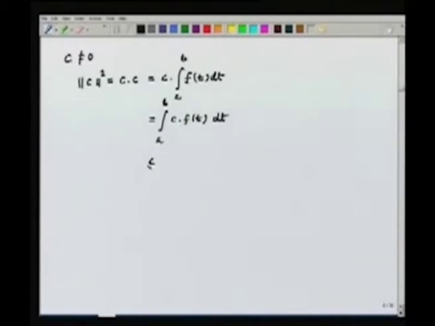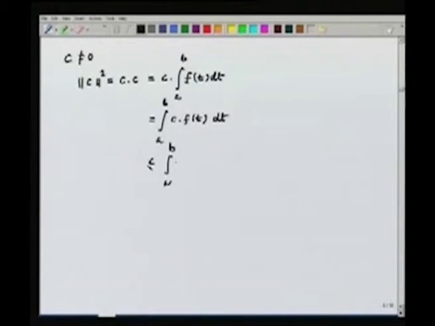Now this quantity anyway is less or equal to, since c dot f(t) is a real number, don't forget that, because it's a dot product of 2 vectors, it gives you a scalar. Since t is a real number, f(t) is a vector, c is a vector, the dot product is a scalar.